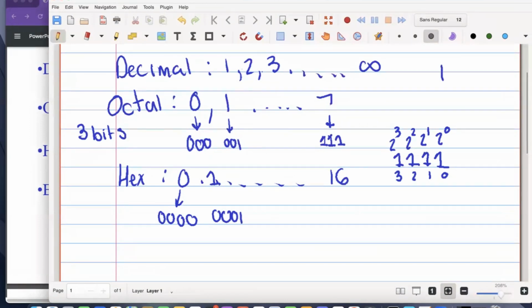Let's say this is decimal, which is how we normally count. This is the ones term. This is the tens term. And if you added another one, that would be the hundreds term. It's the same thing, right?